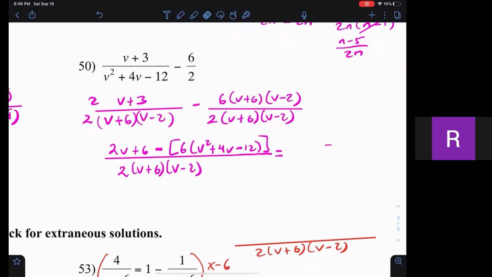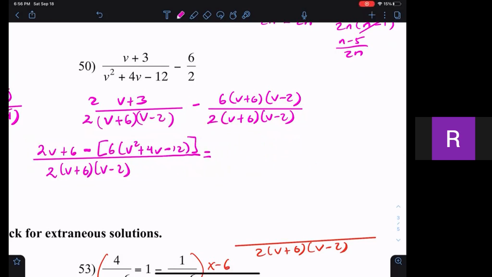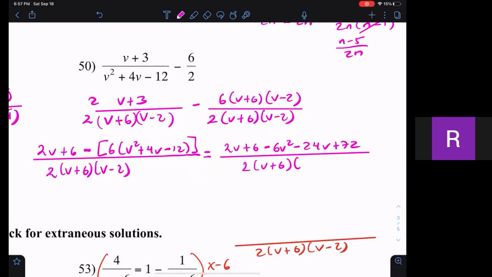Let me simplify this more. Here we have 2b plus 6 minus 6b squared plus 24 minus 24b minus 72 plus 72. And this is all over, whatever this is, 2b plus 6, b minus 2.